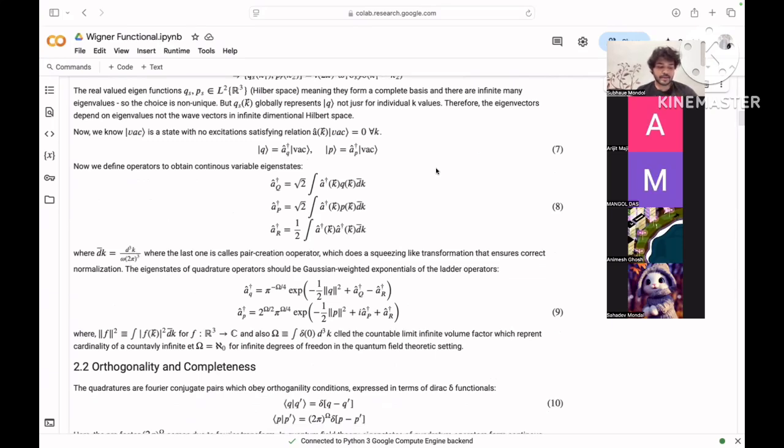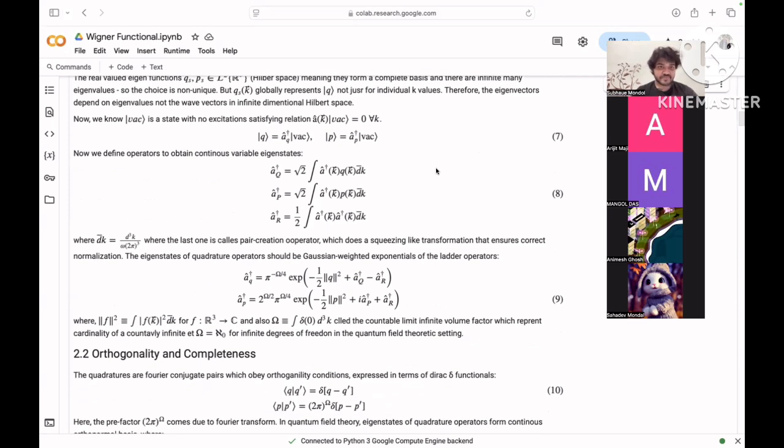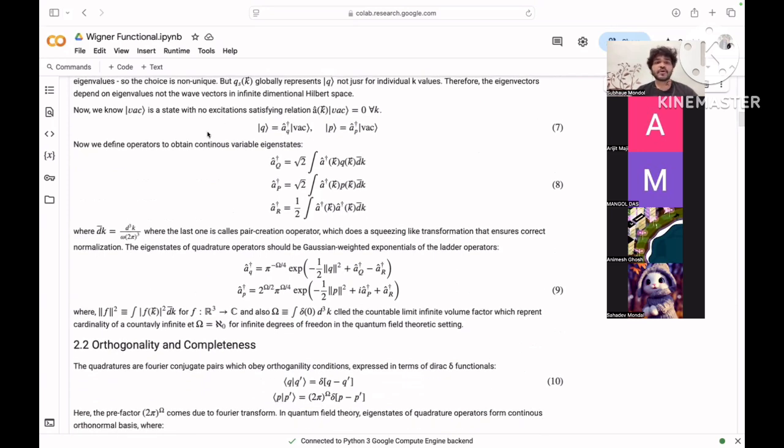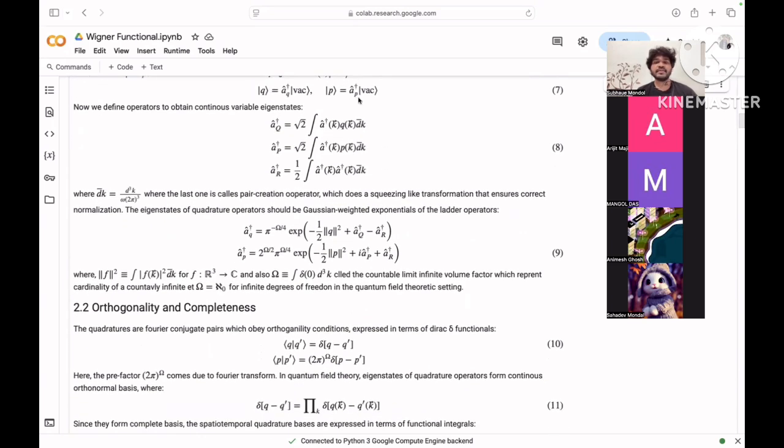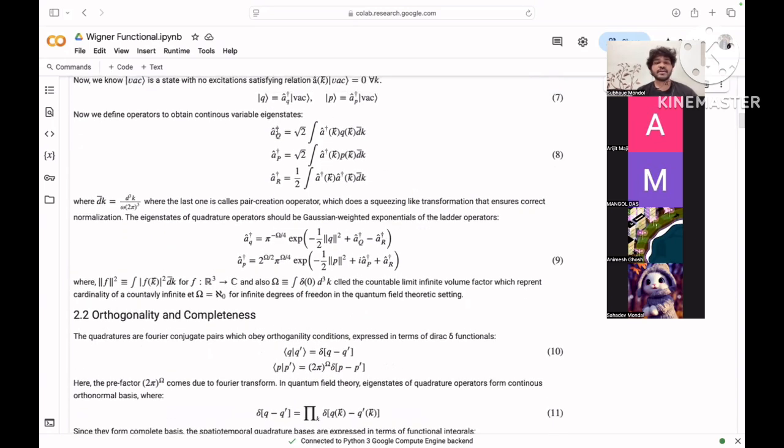We have also seen in quantum optics that the vacuum state is a state that has no excitation. So the definition of the vacuum state is that the A operator acting on the vacuum state gives us zero, and these two relations are also satisfied.